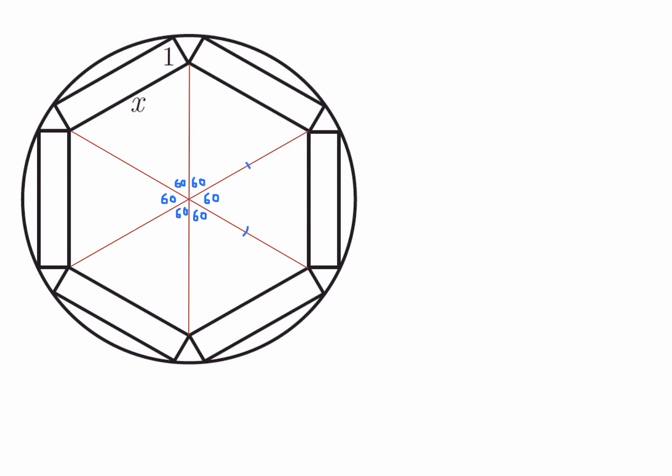So that means this is isosceles. If it's isosceles, that means these two angles are the same. So 180 minus 60, which is 120, is going to be equal to 2x. So that means this is 60, and that's 60, like that. So these are all equilateral triangles, basically. That's 60, and so on.